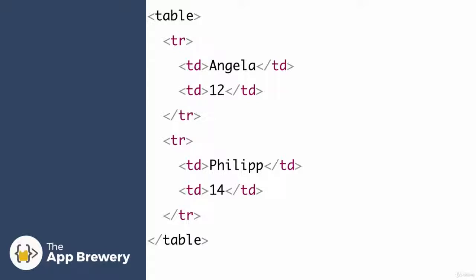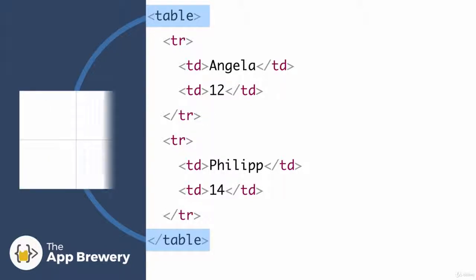Now, let's just quickly recap the HTML structure for creating a table. So to start off, we create this table tag and we also close it. And everything in between is the actual content of our table. So this just creates a simple table. Now, by default, your browser will style the table to not have any borders or padding or anything style related.